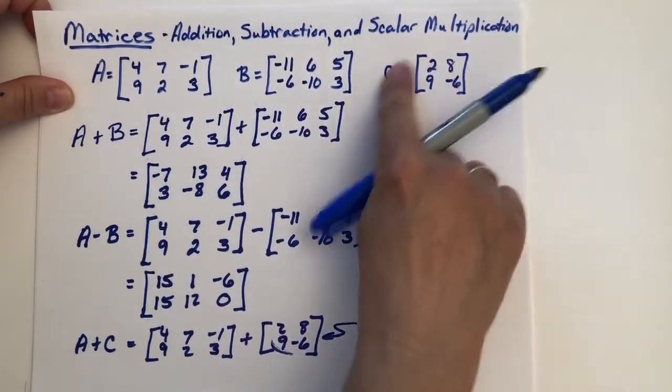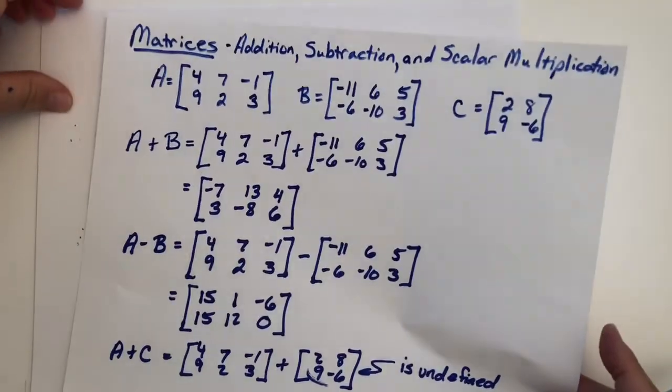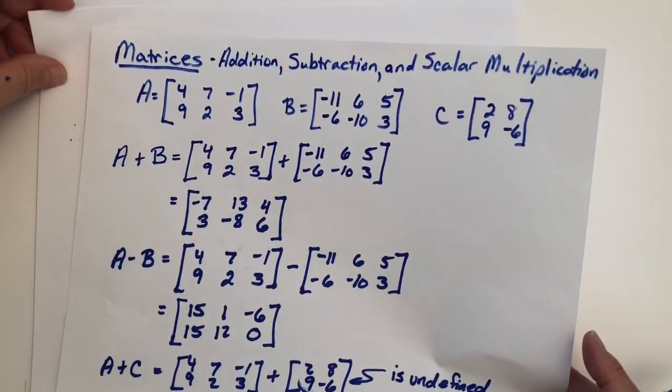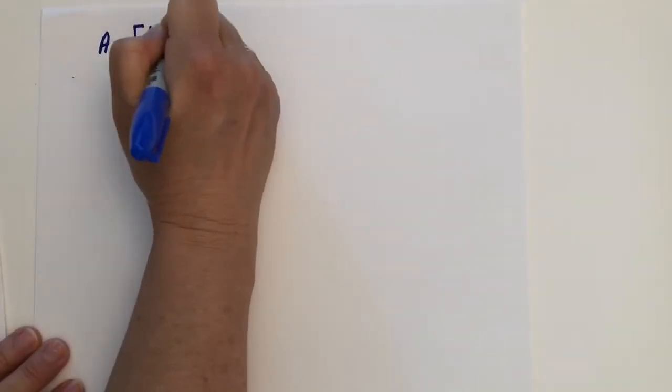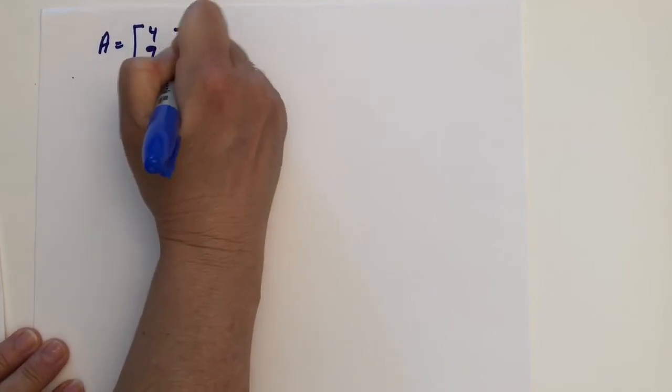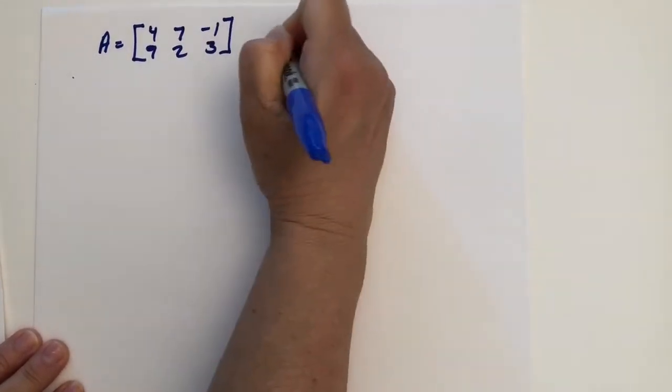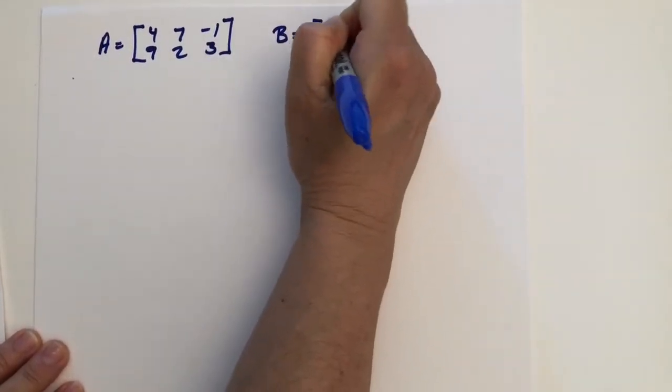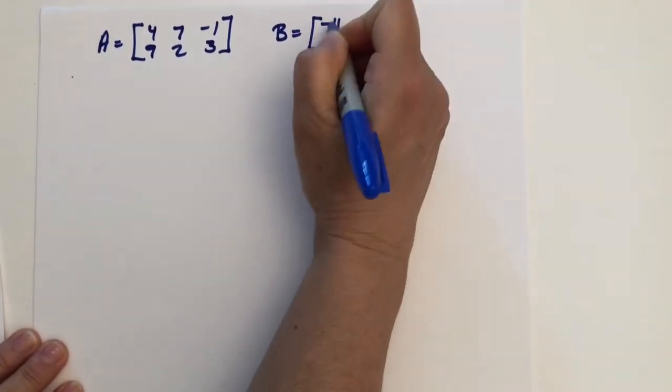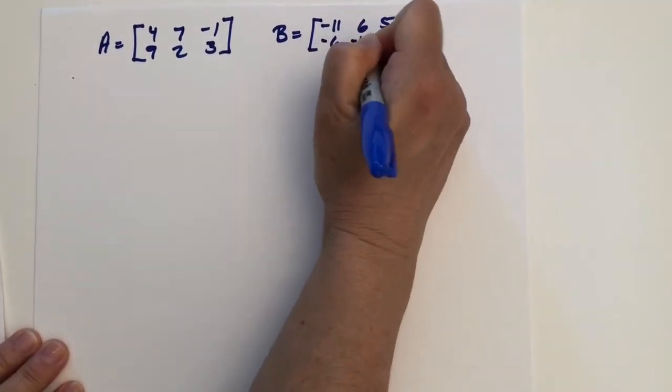Although we're not going to use C again, so I don't need to write it. So we'll have A as 4, 7, negative 1, 9, 2, 3. And B will equal negative 11, 6, 5, negative 6, negative 10, 3.